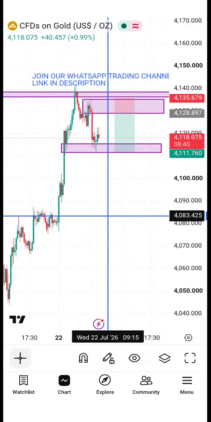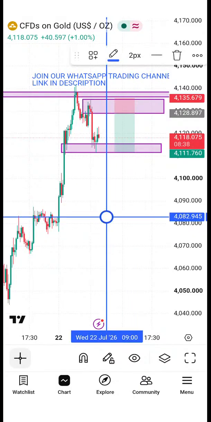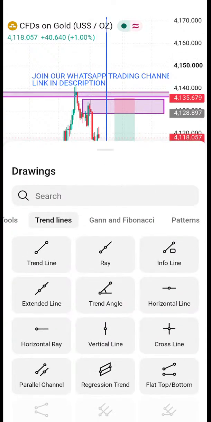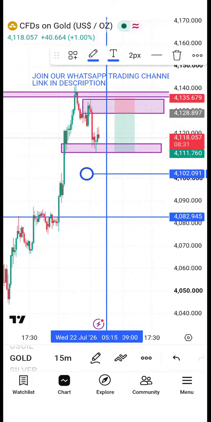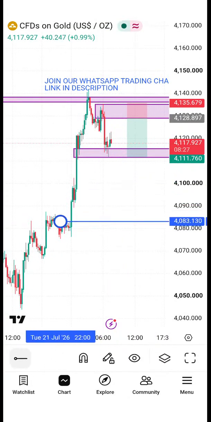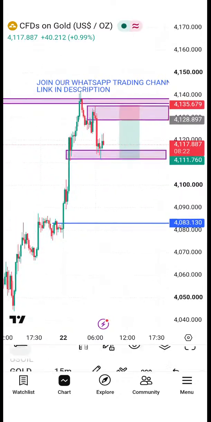Look for a buy around this area. That's the safest place for you to buy gold. This is a safe area for you to buy gold.